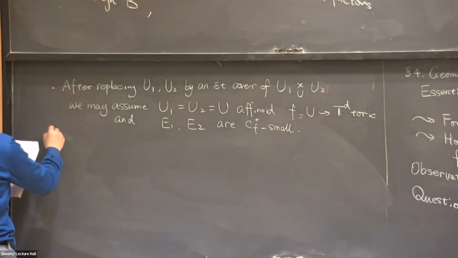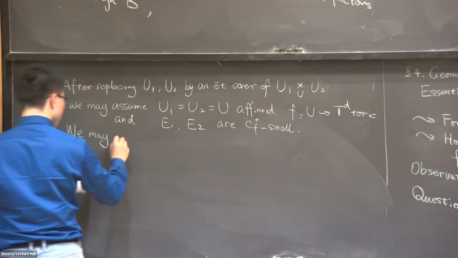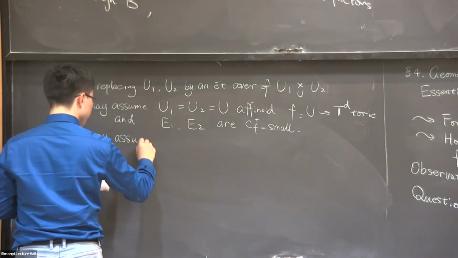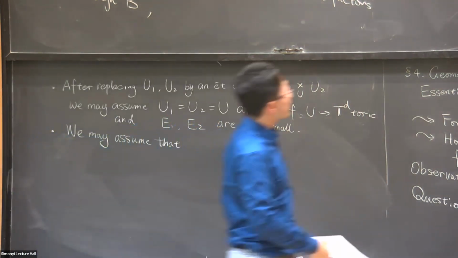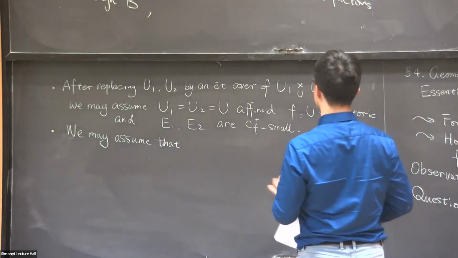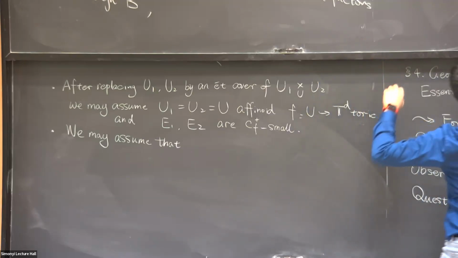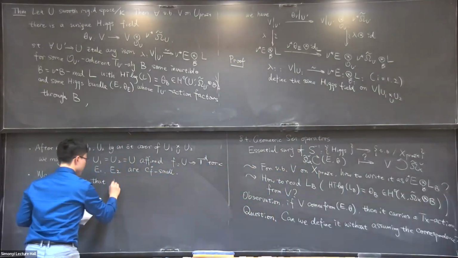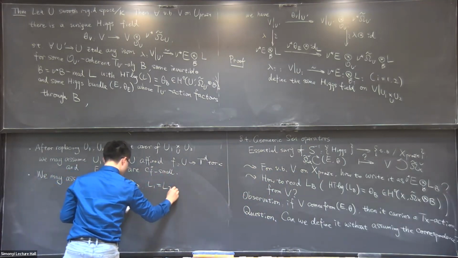And the second simplification we would like to make is that we may assume that those pi are equal to each other, and also L1 is equal to L2.